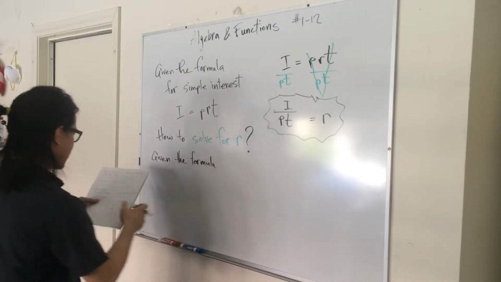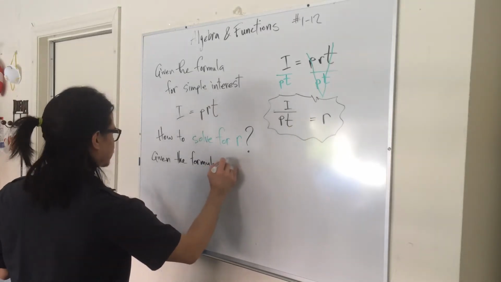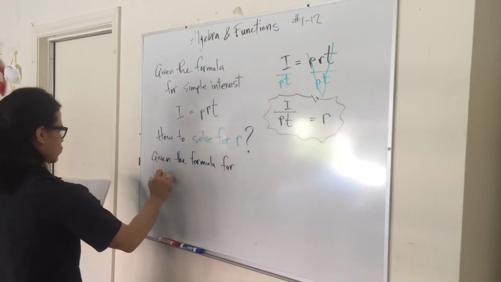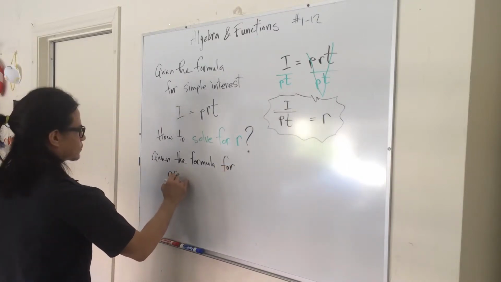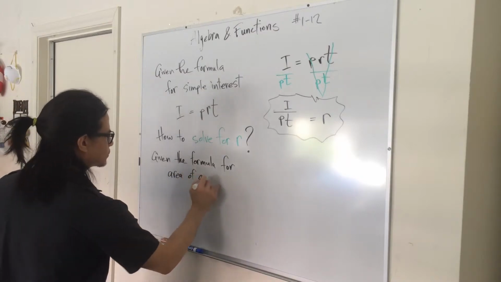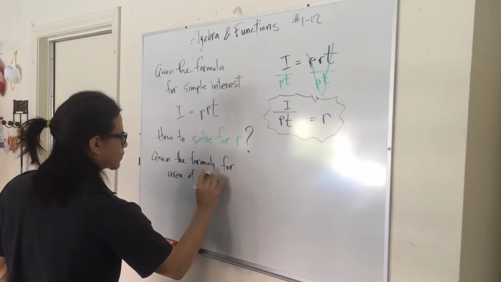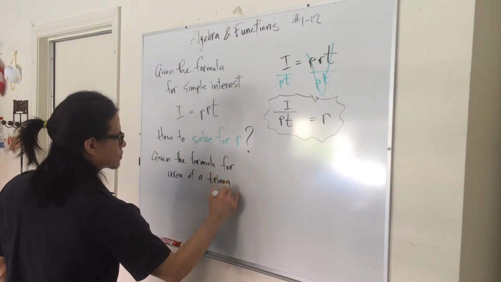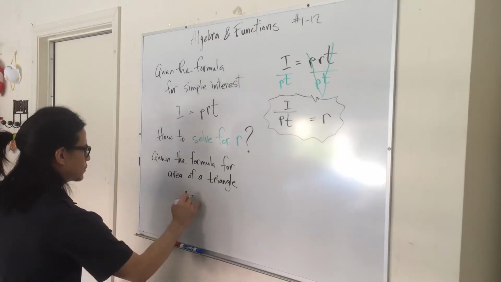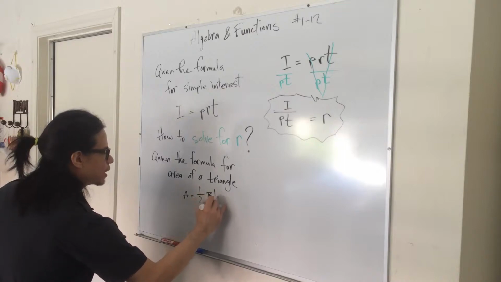Like here in this case, we'll give you the formula for area of a triangle. Does anyone remember what that is? Area is equal to 1/2 of the base times height.